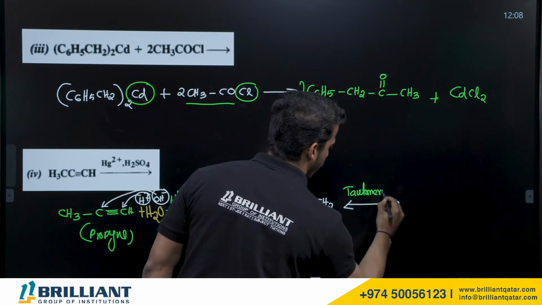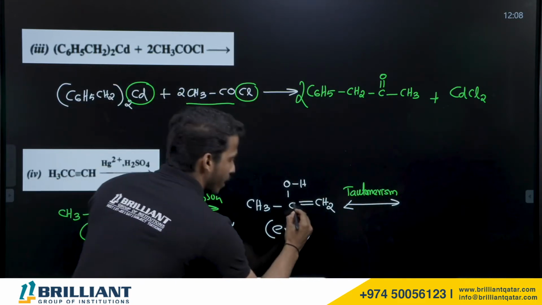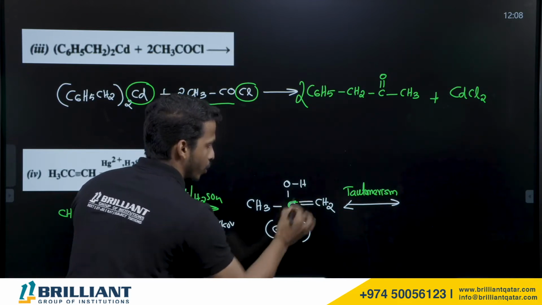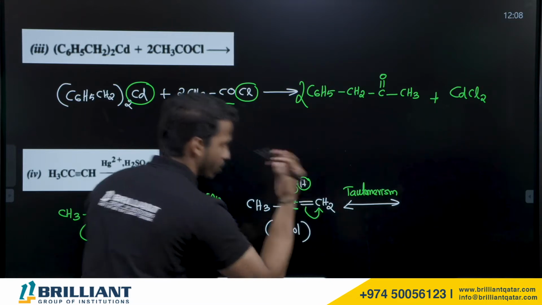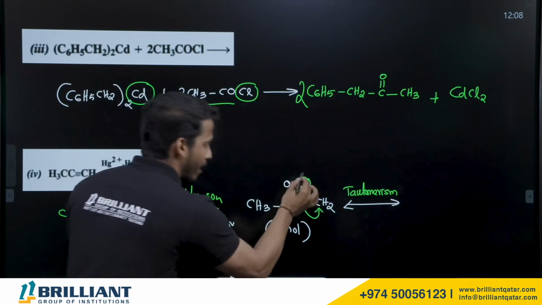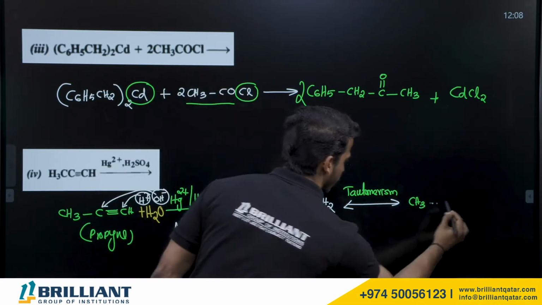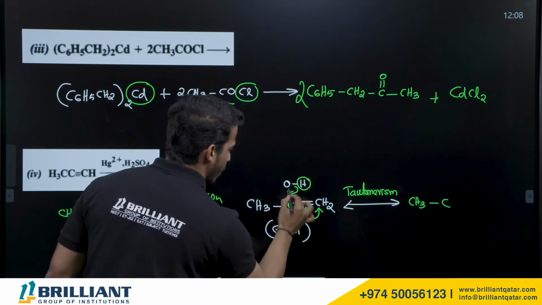Tautomerism. What is tautomerism? If a single carbon contains a double bond and an OH group, the hydrogen from the OH group is transferred to the CH2 group. The hydrogen reaches here. So the product is CH3, C, with the O becoming a double bond.